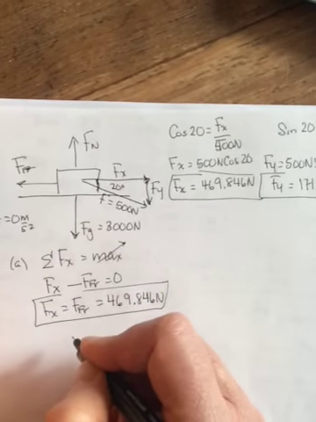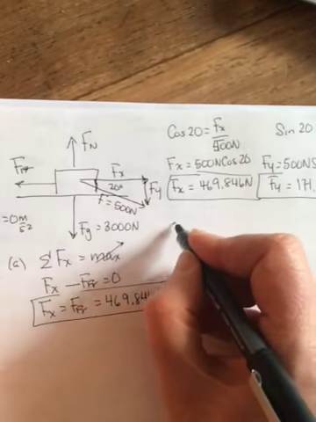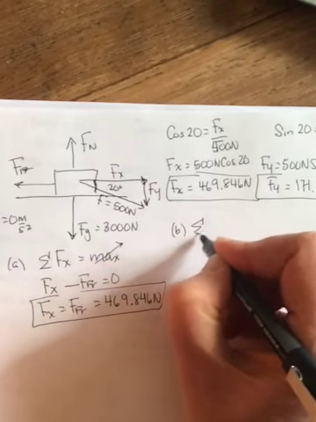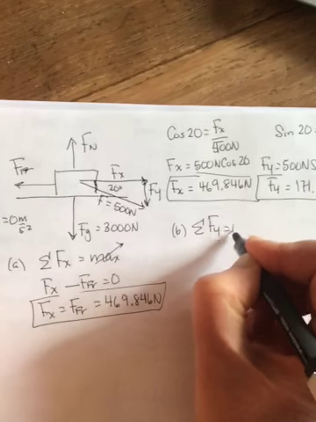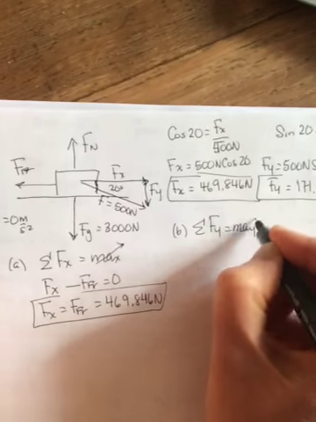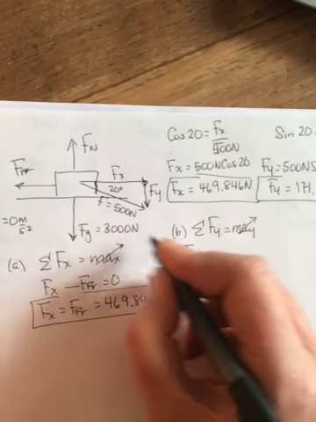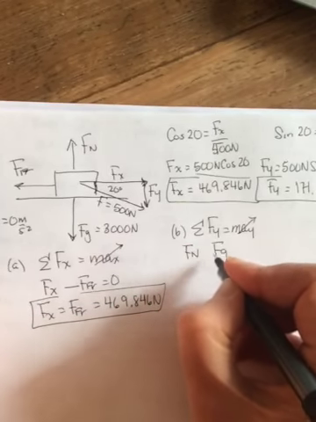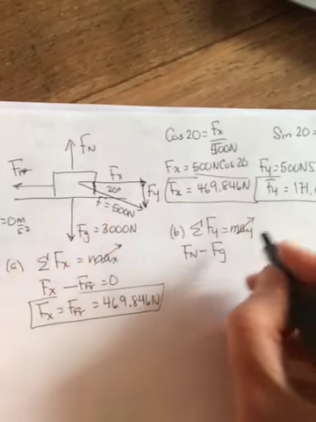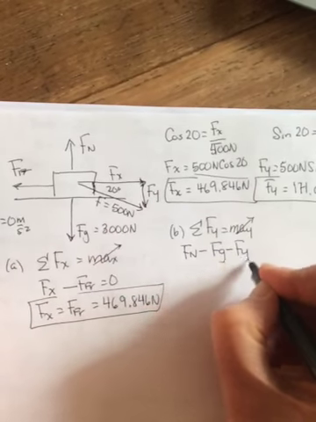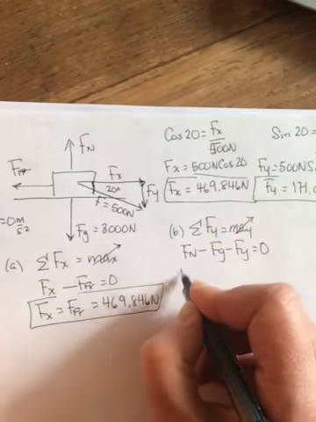Okay? What is the normal force? So now we need to go in the y direction. So sum of the forces in the y is equal to MAY, also not moving in the y. Fn is going up. Fg is going down, it'll be a negative, and Fy is also going down, so it will also be a negative.